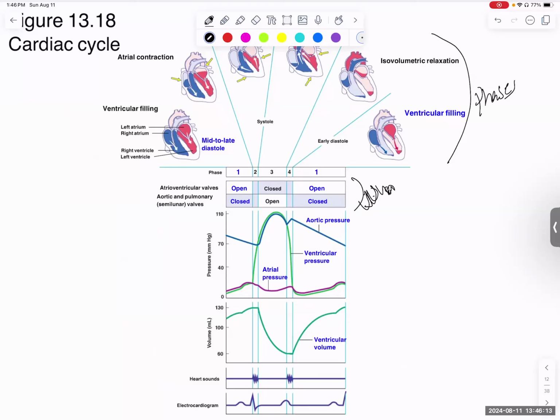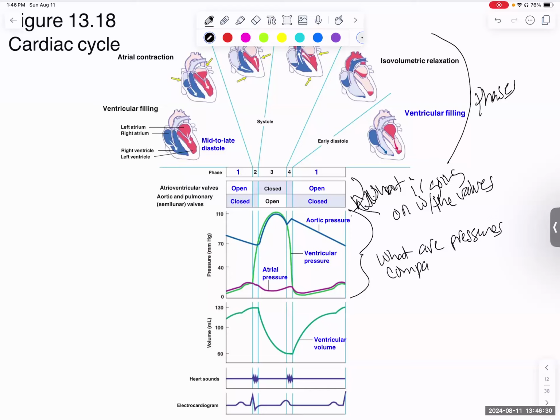That's a terrible W. What is going on with the valves here? What are pressures comparatively in aorta, ventricle, and the atria?